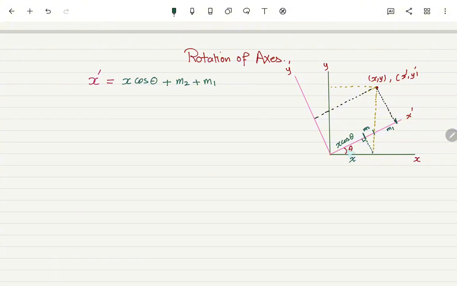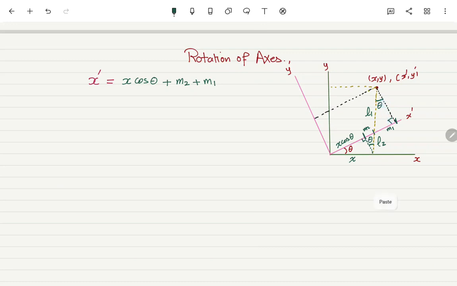Now, if this is theta, this will be theta as well, because if this is theta and this is 90 degrees, so this will be 90 minus theta, so this will be equal to theta. And if this is theta, this will be theta as well. If this is L1 and this is L2, this right angle triangle, this one here, this is 90 degrees.